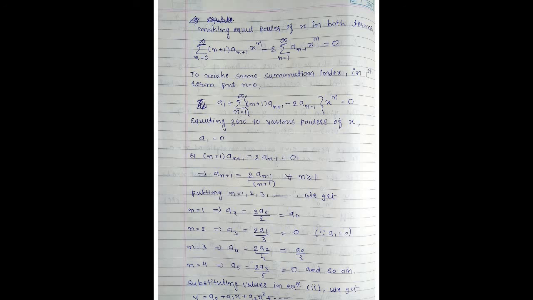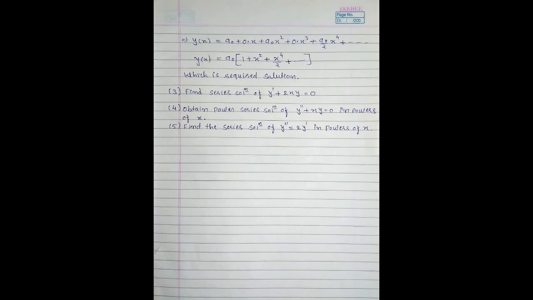Now we substitute these values in equation 2, our assumption of solution. It was y is equal to a0 plus a1x plus a2x square plus and so on. So we are getting a0 plus 0 into x plus a0x square plus 0 into x cube plus a0 by 2 x raised to 4 plus and so on.